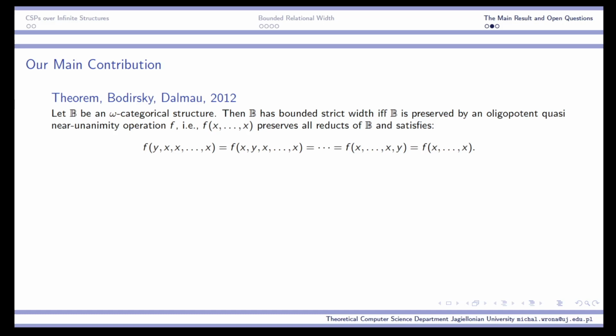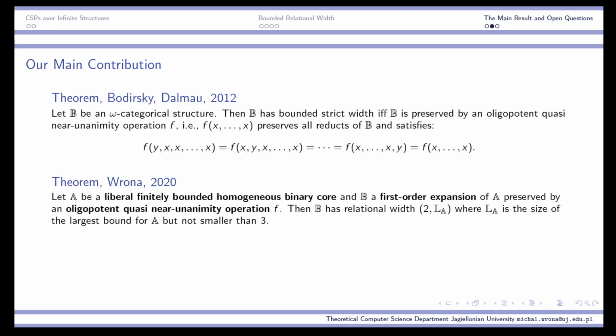In the first term, y is in the first coordinate, then in the second coordinate, then in the last but one, then in the last coordinate, and finally we have x, x, x, x. So we can rewrite our main theorem. A is a liberal finitely bounded homogeneous binary core. B is a first order expansion of A preserved by an idempotent quasi near unanimity operation. Then B has relational width LA, where LA is the size of the largest bound for A, but not smaller than 3.